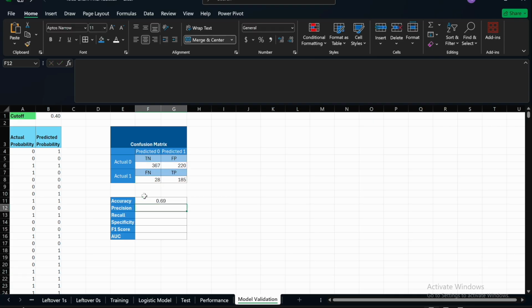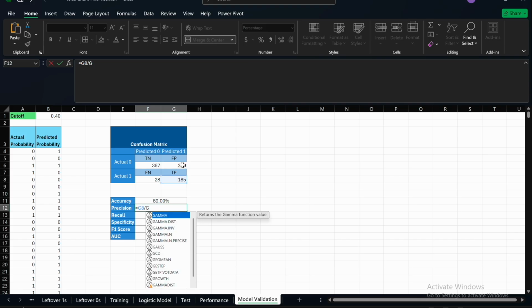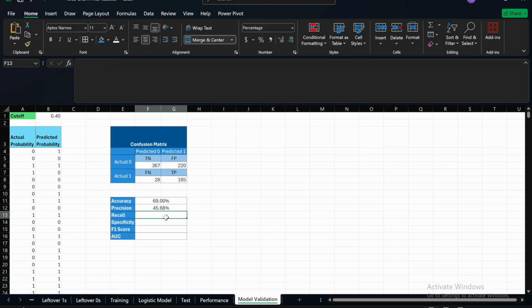Accuracy is true negatives and true positives divided by the total, and precision is the true positives divided by the false positives plus the true positives itself. So precision is 45.68%, accuracy 69%.